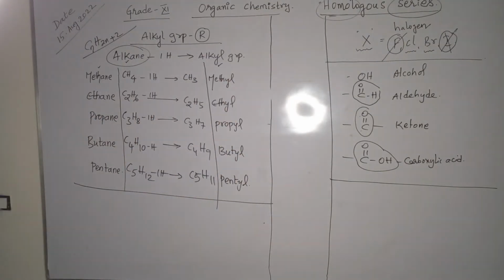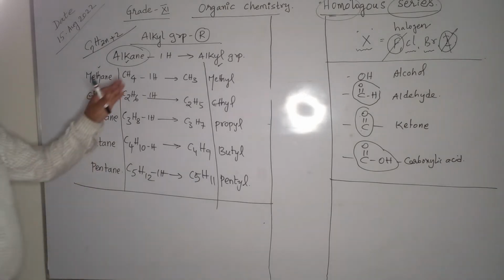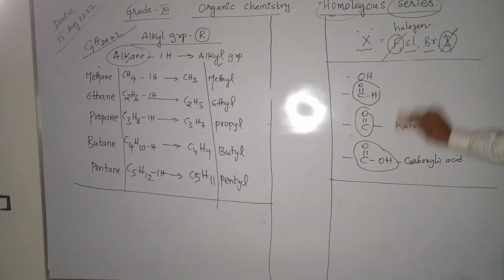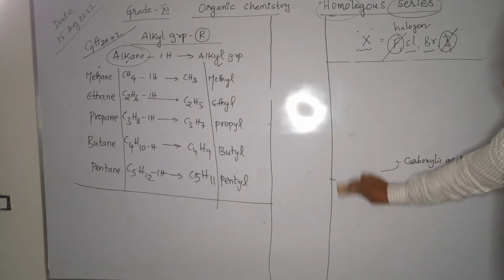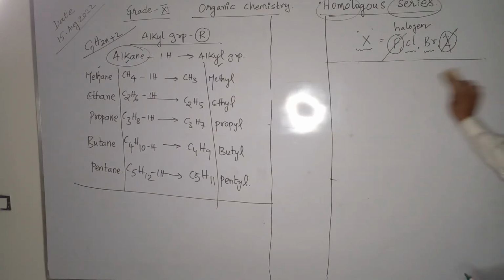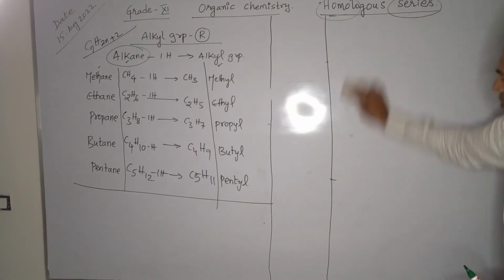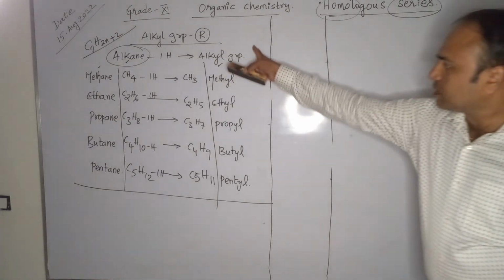Now we will go to the other side and write down the homologous series for any functional group with this idea. So first, let us take chlorine. For halogens, how to write the homologous series using this.